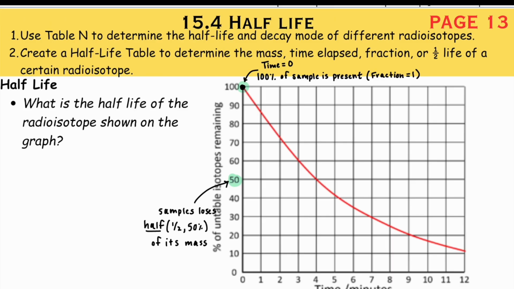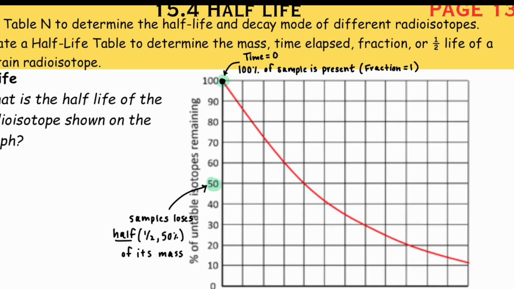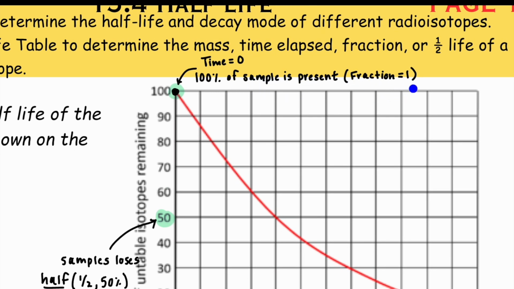What is the half-life of the radioisotope shown on the graph? In this graph, we have a decreasing curve. We have time on the x-axis and percent of unstable isotope remaining on the y-axis. At time 0, where our curve starts, we have 100% of our sample, or a fraction of 1.